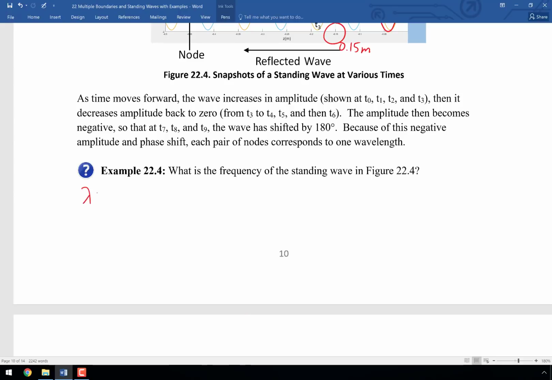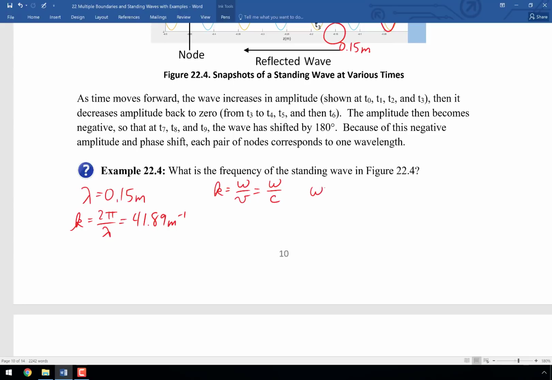So lambda is equal to 0.15 meters, and k is equal to 2 pi over lambda. That's equal to 41.89 meters to the minus 1, or radians per meter. We know that k is equal to omega divided by the velocity, and in free space, that's omega divided by c.